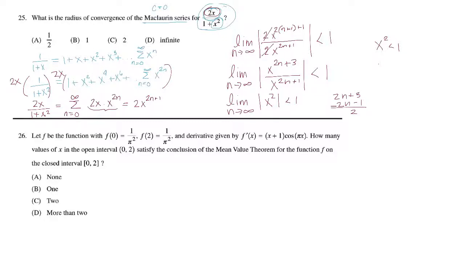So really x could be between those two things, negative 1 and 1. So what would be the radius here? Well, from negative 1 all the way over to 1 is 2, but for a radius I want half of that, so the radius of convergence is 1. So that's answer choice B.